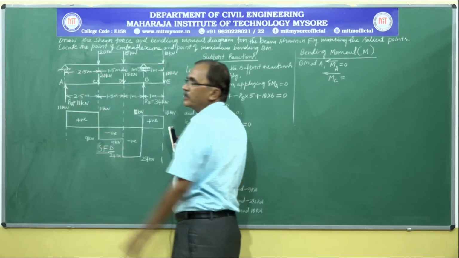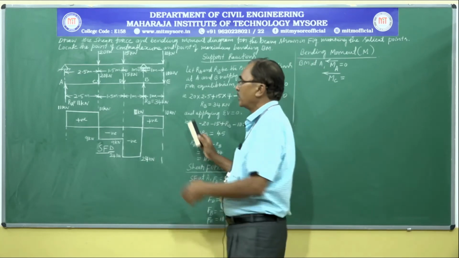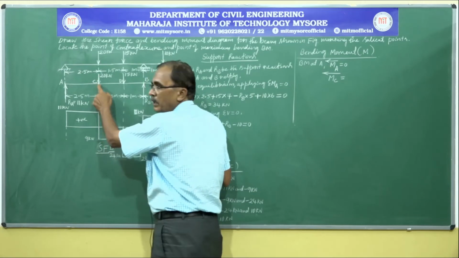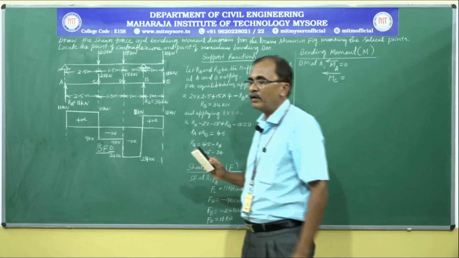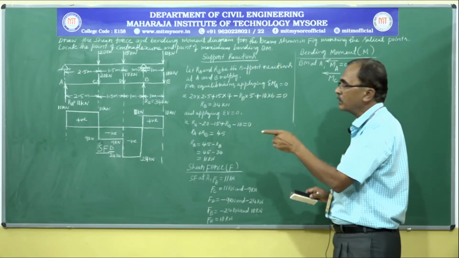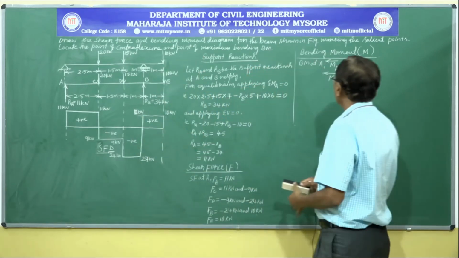To the left of the point considered, clockwise will be treated as positive, and of course there is a point load acting at point C, and this 20 kilonewton will not create any moment at point C. Hence we are not considering that. We consider only the moment due to the support reaction at point C.